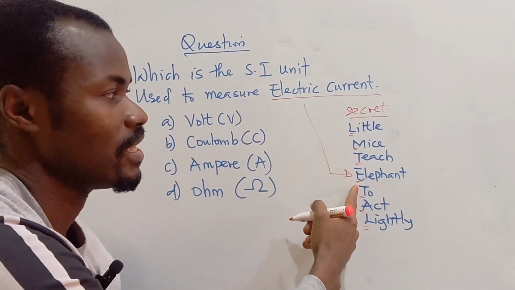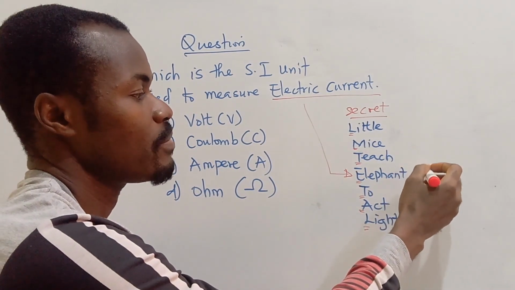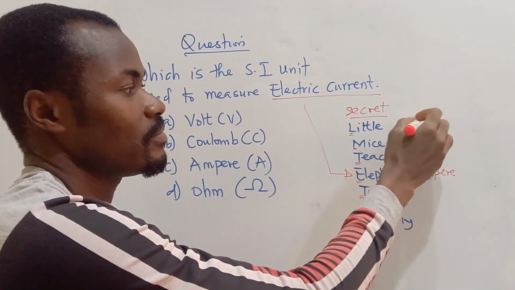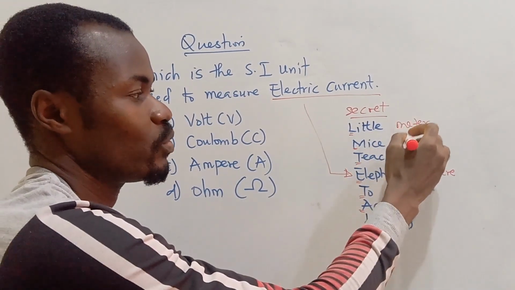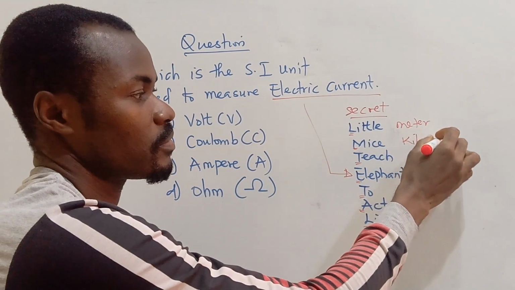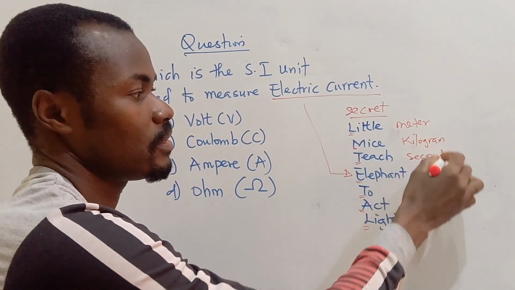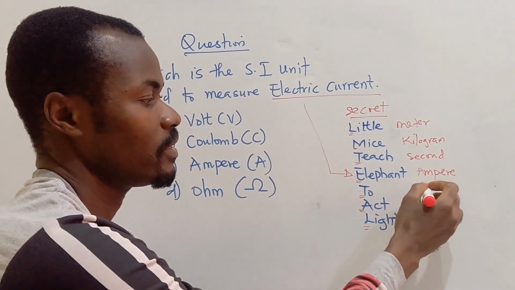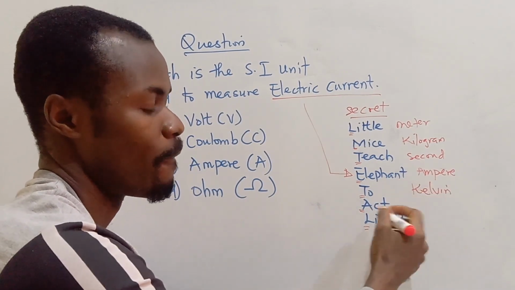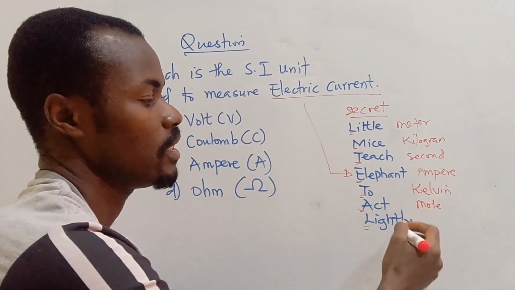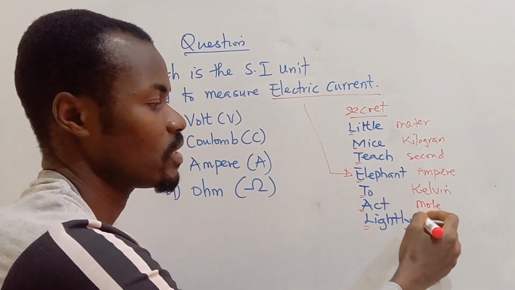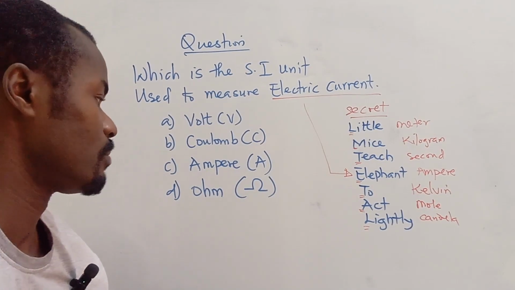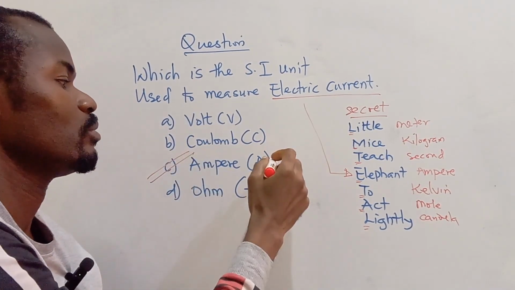We know that E here is for ampere, like we have length as meter, mass as kilogram, and time as second. Temperature is Kelvin, amount of substance is mole, and luminous intensity is candela. So the correct answer to this problem is C, which is ampere.